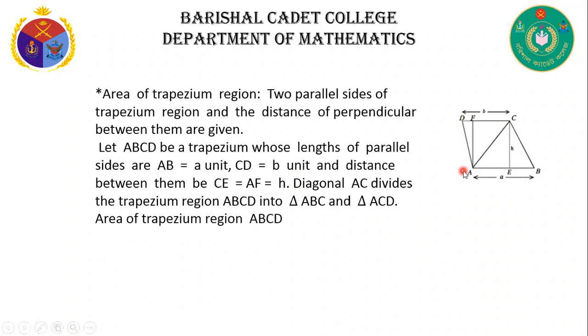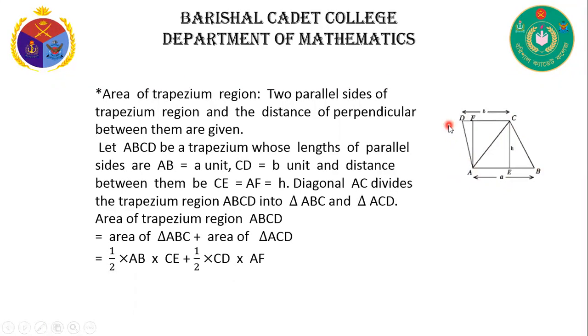So area of the trapezium region ABCD is equal to area of triangle ABC plus area of triangle ACD. We know area of triangle ABC is equal to half into AB into CE.